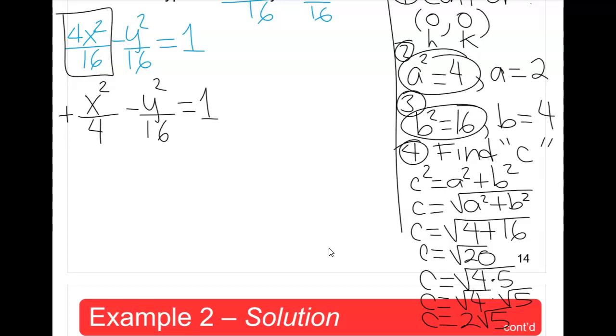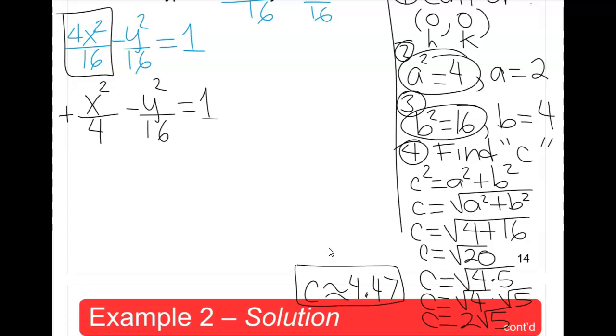But of course, they might ask for an approximation and then specify how many digits they want you to round to. So you enter that on your calculator, and I'm getting an approximation of 4.47, just rounding it to the nearest hundredth. So that would be the value for c.